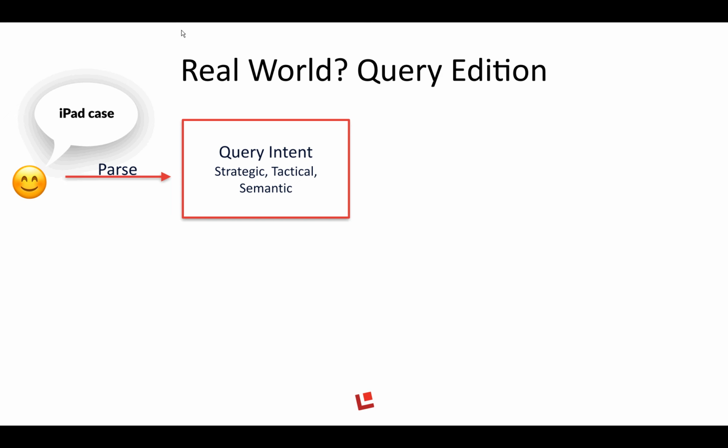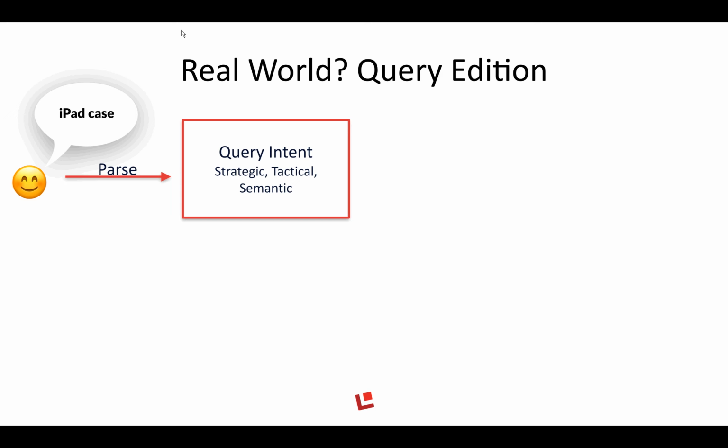What is the intent behind this? Is the user asking to buy something? Do they want support? Do they want to just do some comparisons? Are they looking for an expert, or are they looking for data to support a particular viewpoint?